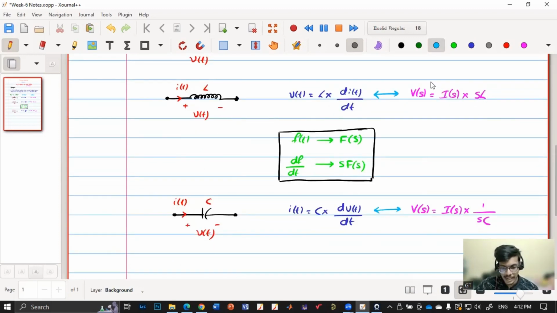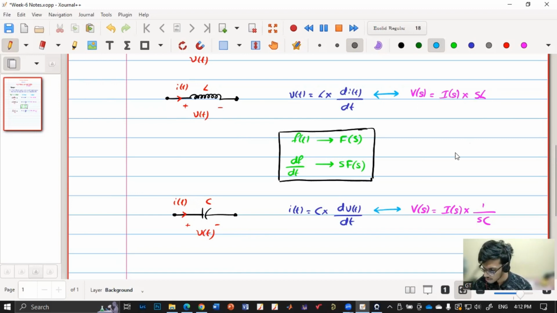So now I can treat the entire inductor as having some impedance sL with I of s flowing. It's like voltage equals current into impedance.